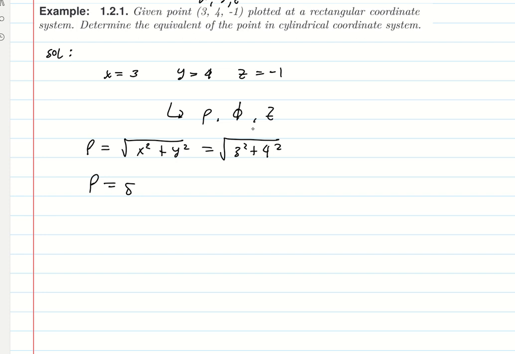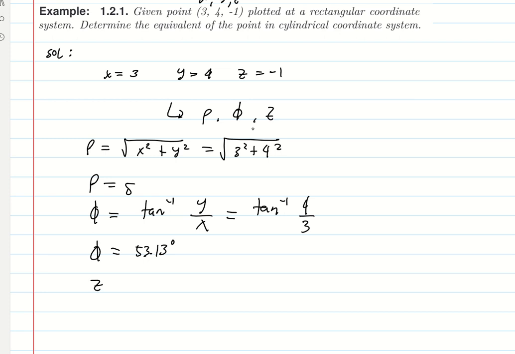Next, for phi, the derived formula is the arctangent of y over x, where y is 4 and x is 3. If you take the arctangent of that, phi will be equal to, in degrees, 53.13 degrees.